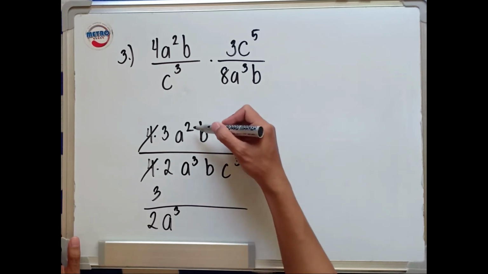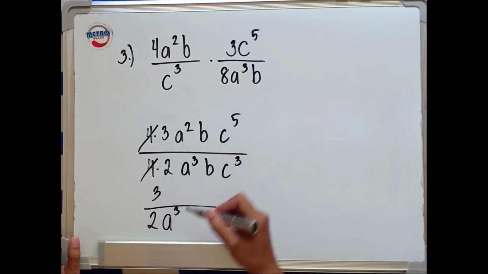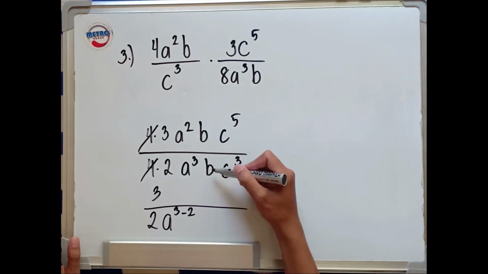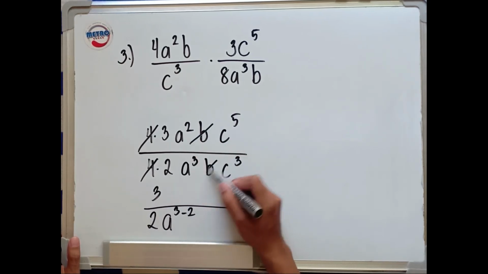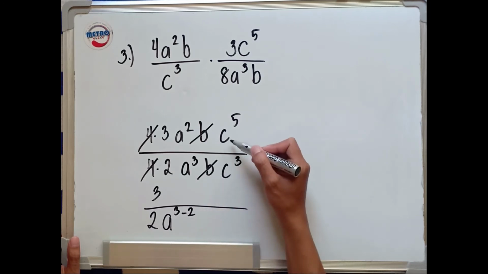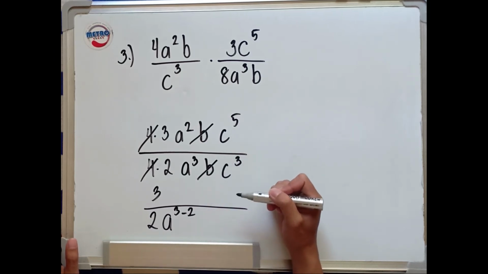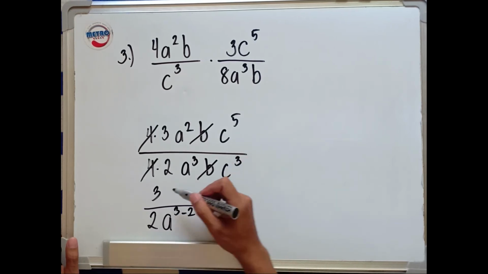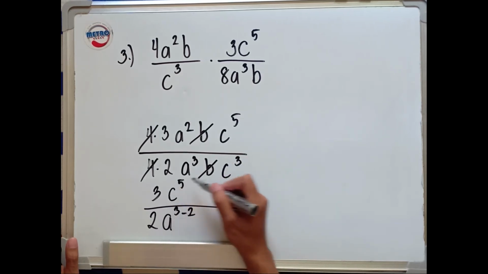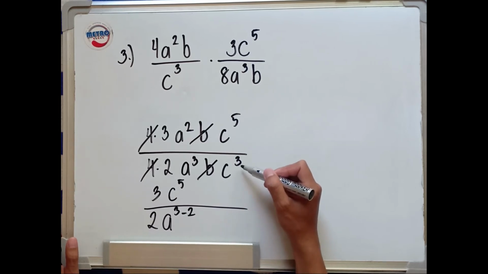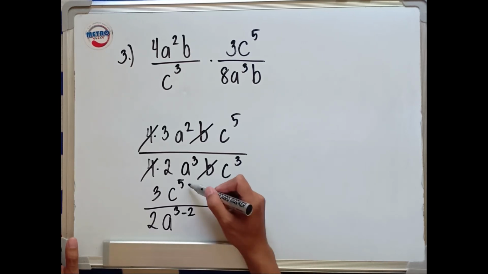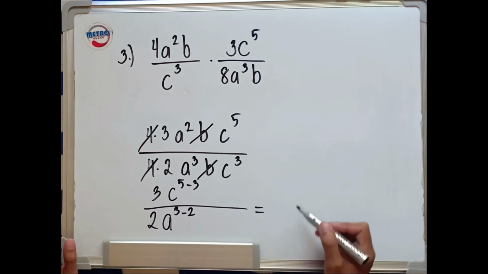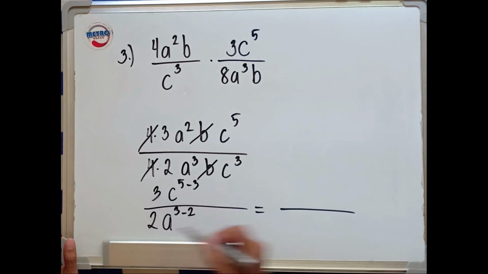Then I'm going to subtract this exponent here. Then since these two are the same, we can cancel this already. Then c raised to 5 is higher than c cubed. So we're going to copy this c over 5 into its original position. And then you're going to subtract this exponent. Now, let us simplify. So, copy 3 over 2.